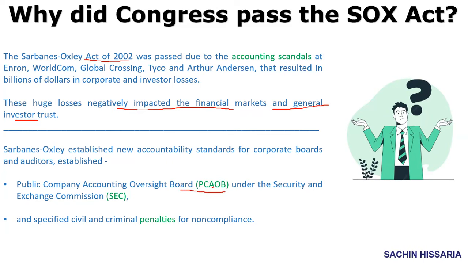One is PCAOB, which is the Public Company Accounting Oversight Board, and the second is the SEC. Okay, so they formed this board which will govern the entire SOX Act, and they have also specified some penalties for non-compliance. So this is the background about the SOX, why they passed this act.